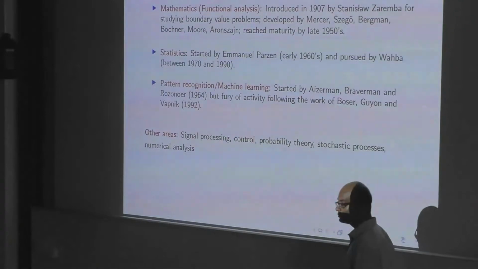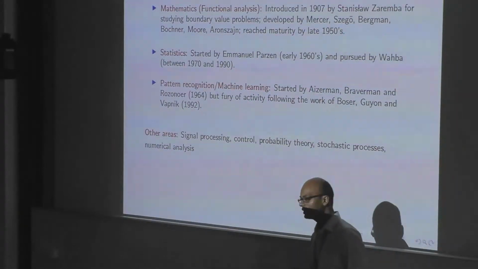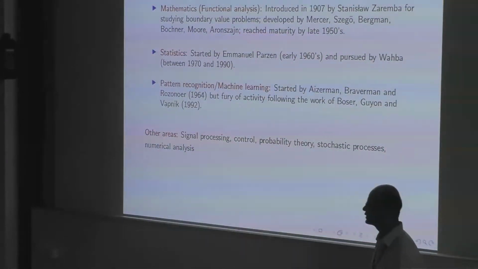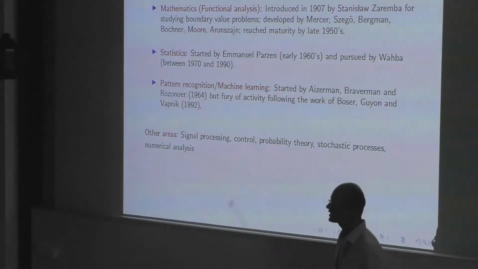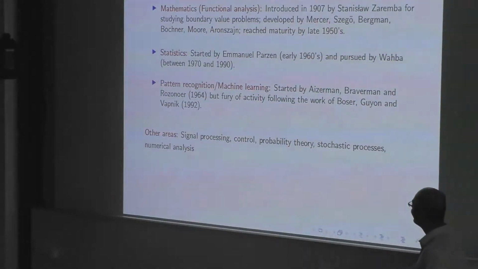I must say, now in the learning community, probably there are only a handful of people actually doing kernels, particularly the kernel theory. There are a lot of people still doing kernel applications, but I would say kernel methods are not as famous as they used to be. Now with the advent of deep learning, I think all of it is taking a backseat.